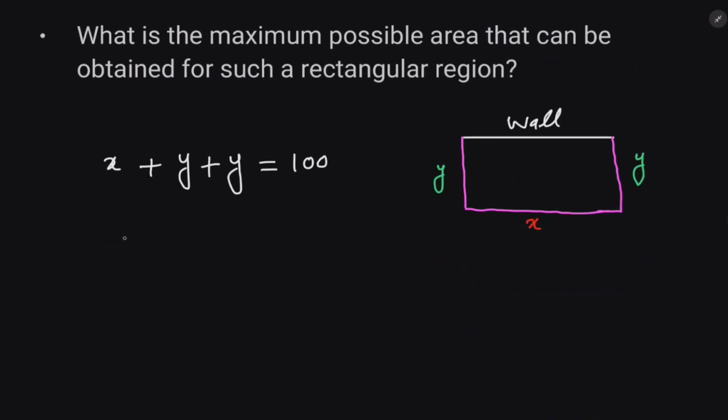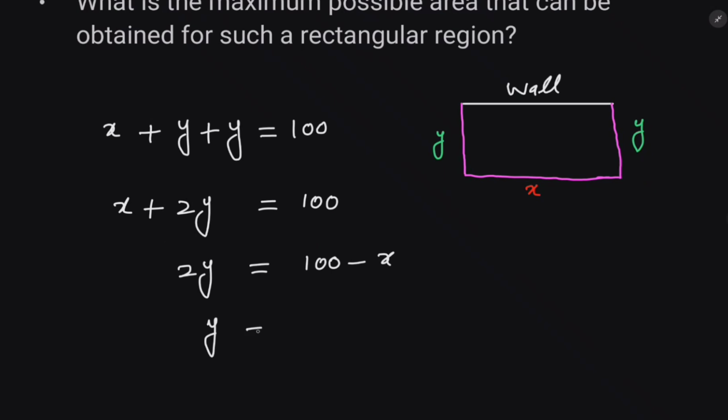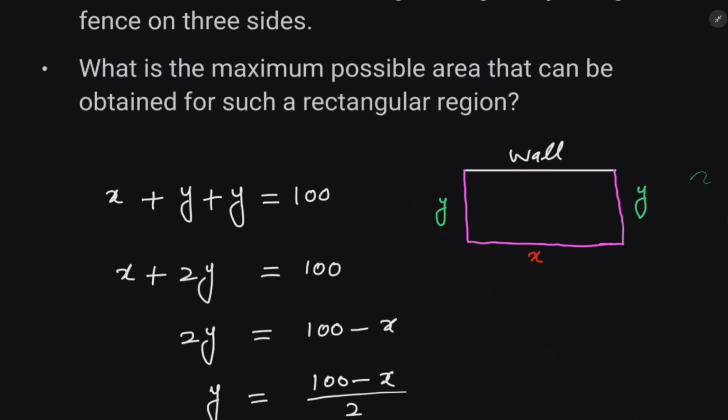After some manipulation, we can write it as 2y is equal to 100 minus x, and y will be equal to (100 minus x) by 2. So the two parallel sides have a value of (100 minus x) by 2 each.